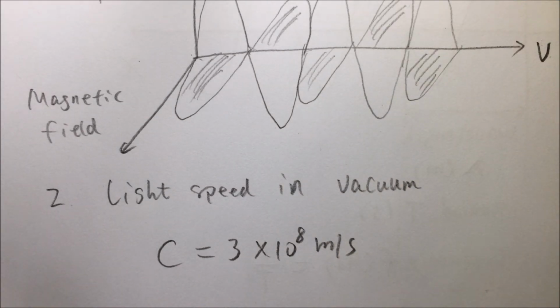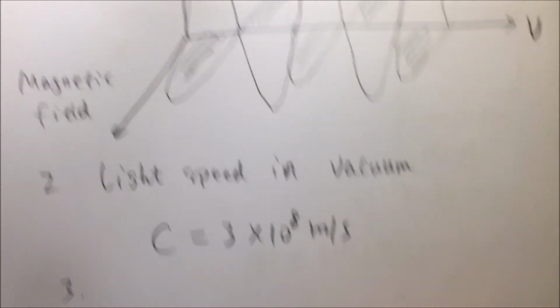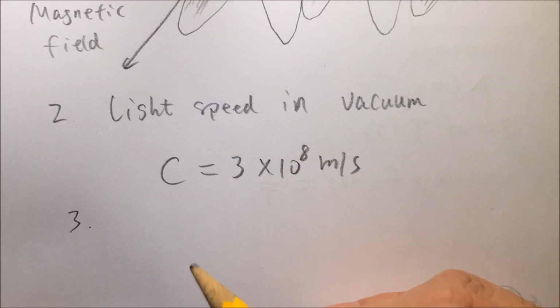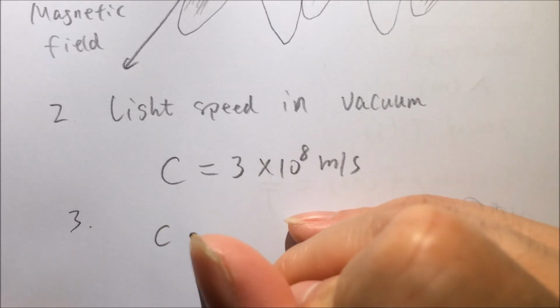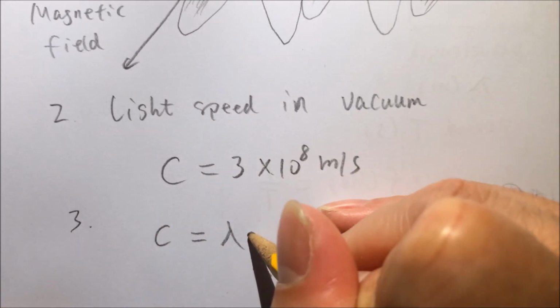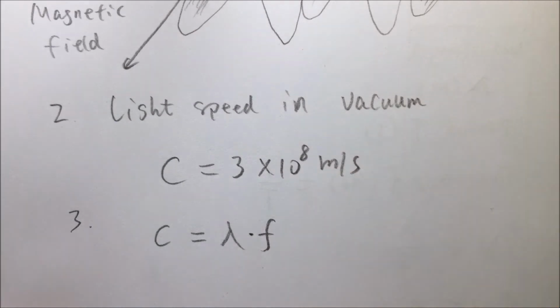That's normally used as a number for any wavelength. So apply the equations for mechanical wave. You have the speed of light equal to the wavelength times frequency. That's the most frequently used equation for the light.